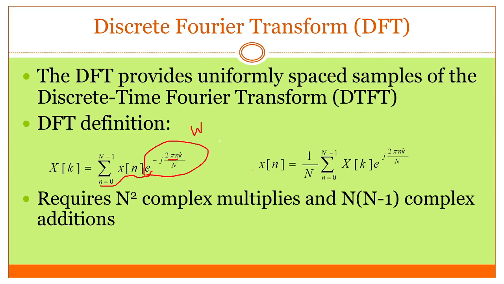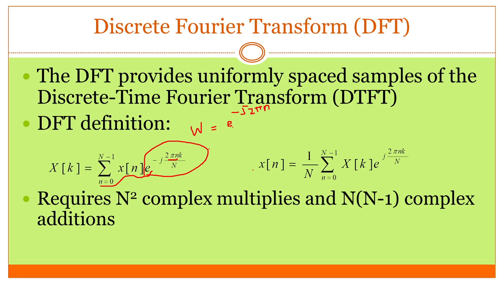This is nothing but my W. The twiddle factor W is equal to e raised to minus j 2 pi n.